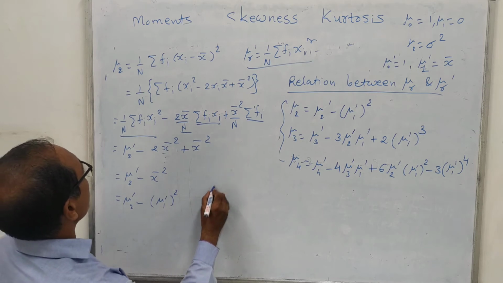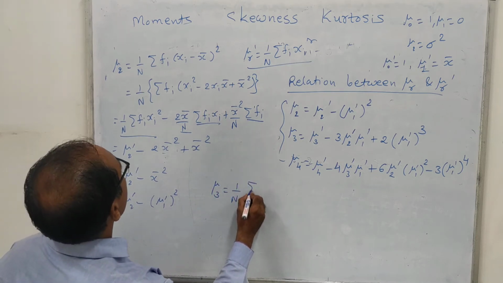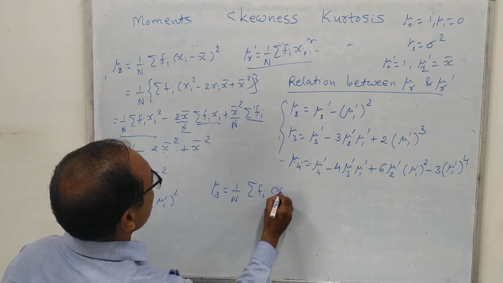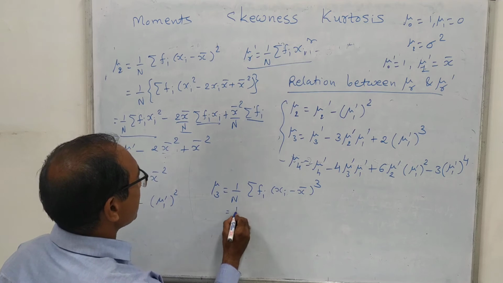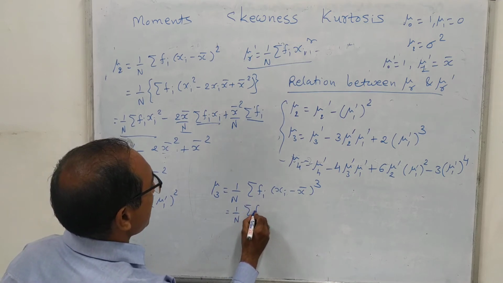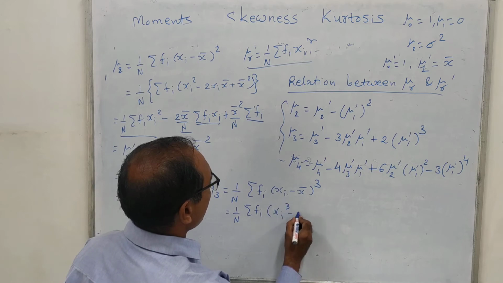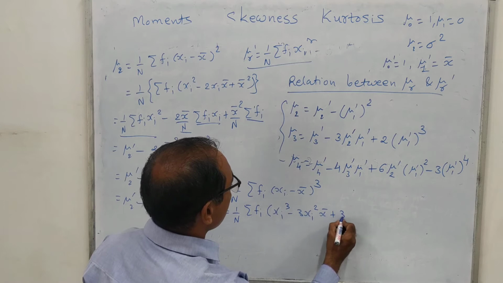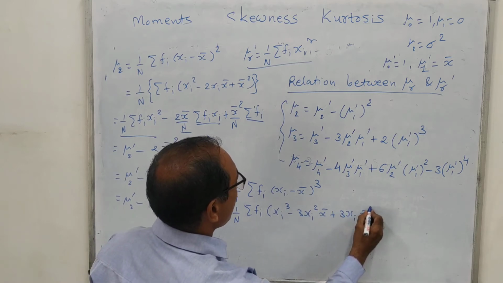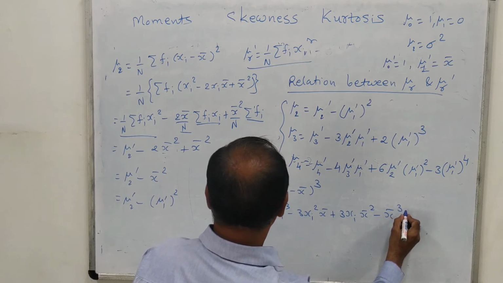Similarly, if we want to obtain the relation for mu3, then we will have 1 upon n sigma fi into xi minus x bar whole cube. So here you can see that this is obtained as fi into xi cube minus 3 xi square into x bar plus 3 xi into x bar square minus x bar cube.